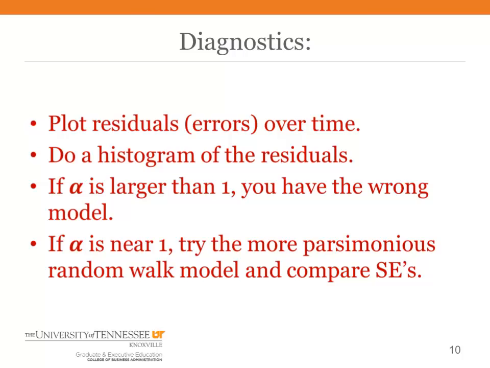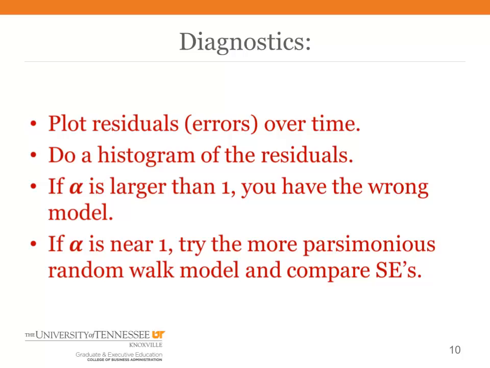And if there's some pattern in the residuals, that tells you there's something that the forecast is missing. For example, if you see a seasonal pattern in the errors, that means there was a seasonal pattern in your data that your exponential smoothing model wasn't capable of picking up.